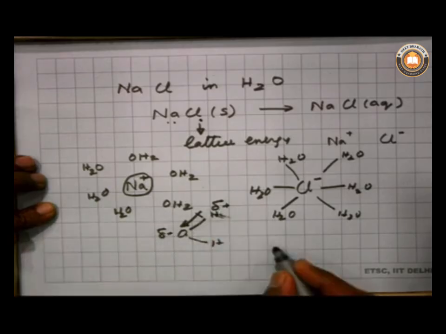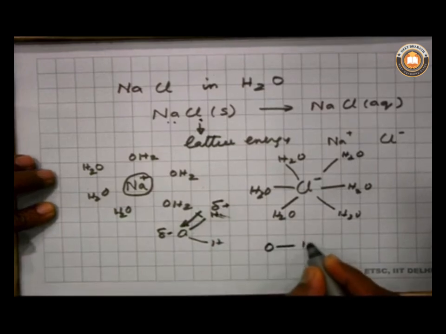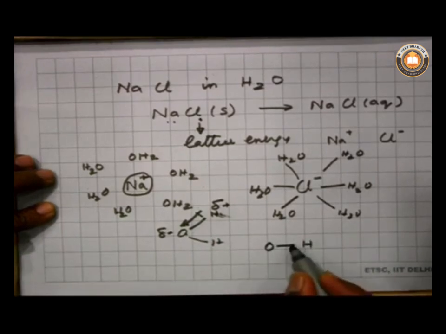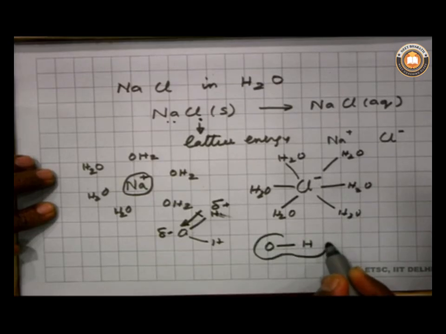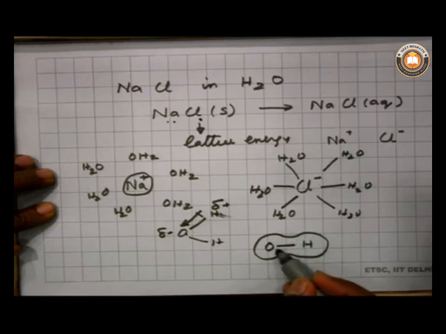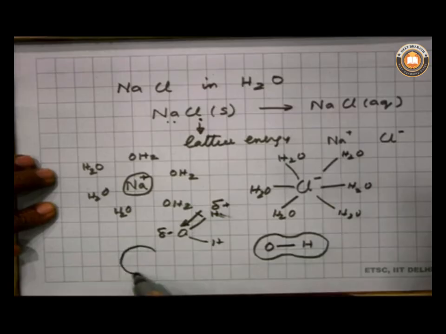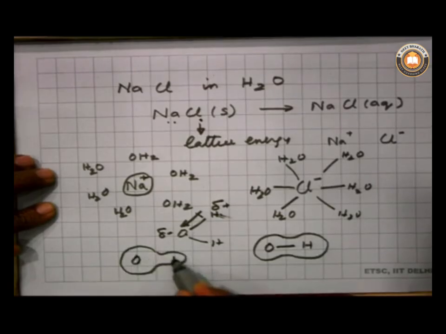So, if I take one single bond, if the electron density were equally divided between these two, I will have some electron density which looks like this. But because the electronegativity of oxygen is greater than that of hydrogen, I will have more electron density around the oxygen and less around the hydrogen.